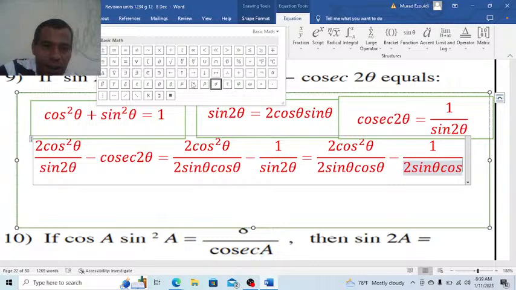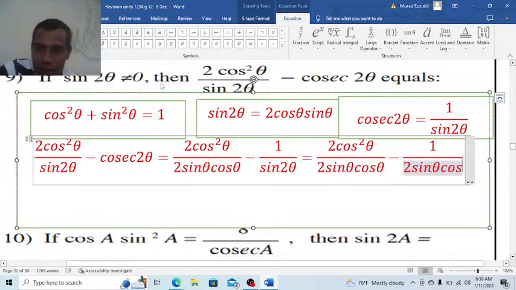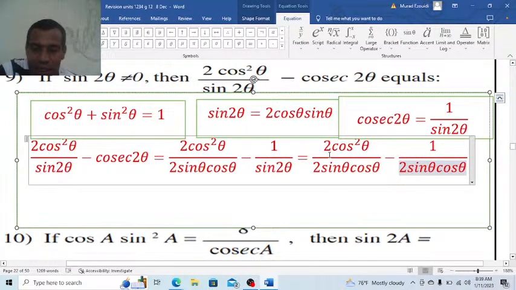Therefore we obtain 2 cosine square theta over 2 sine theta cosine theta, minus 1 over 2 sine theta cosine theta.